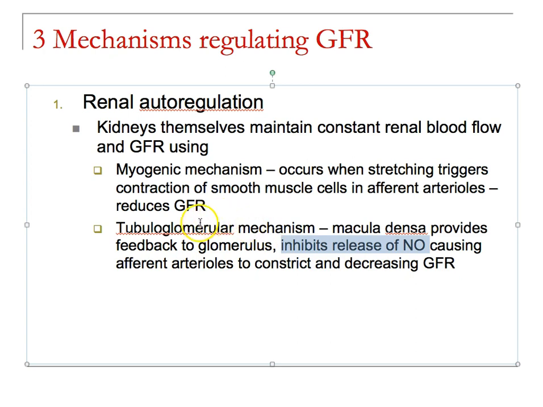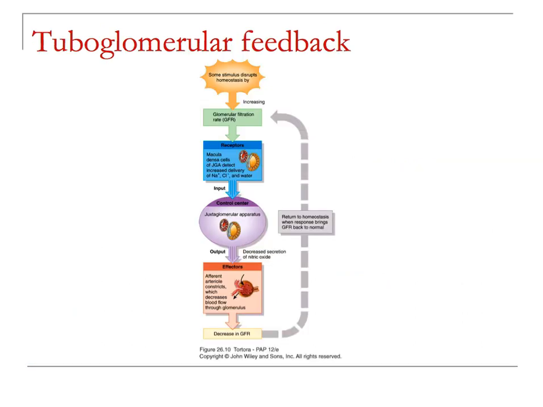The tubuloglomerular mechanism inhibits this, which then allows the afferent arterioles to constrict to decrease glomerular filtration rate. So both myogenic and tubuloglomerular mechanisms are used to decrease glomerular filtration rate. Here's the picture from your textbook that looks at the juxtaglomerular apparatus, which decreases the secretion of nitric oxide. Okay.